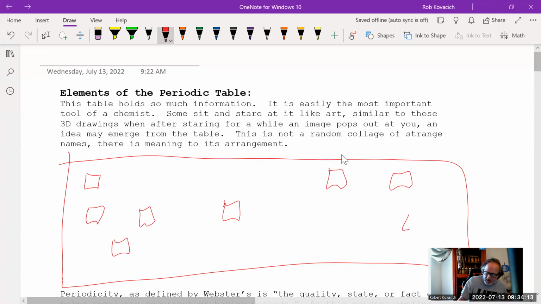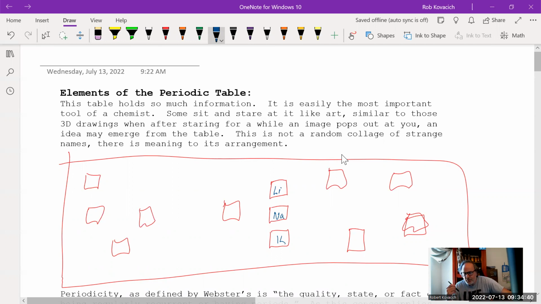That was terrible. But an interesting chance happened. As he was looking at his table, he noticed that lithium and sodium and potassium just happened to be one on top of the other. And if you look at the periodic table, that's the order in which they are on the table.